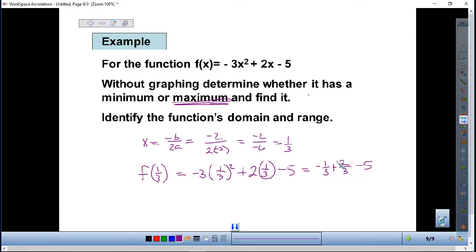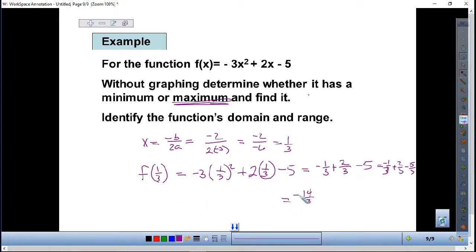I need to convert this to thirds. I'll write all this down with one common denominator: negative 1/3 plus 2/3, and then minus 15/3. So negative 1 plus 2 gives me positive 1. Minus 15 gives me negative 14/3. So that is f of 1/3.